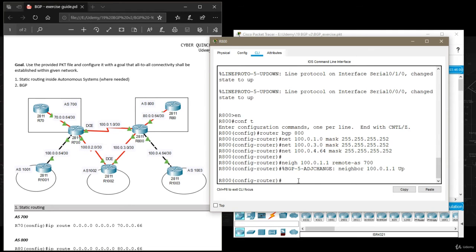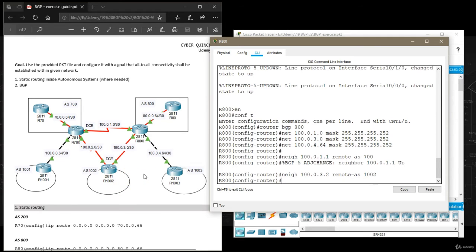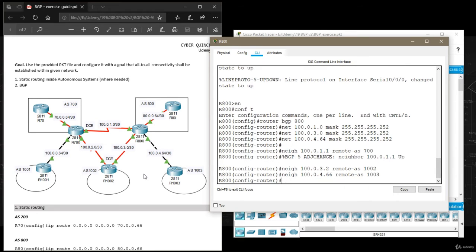And then I want to do the same thing for neighbor 100.0.3.2 in this case, with remote autonomous system number 1002, and then 100.0.4.66, remote autonomous system number 1003.